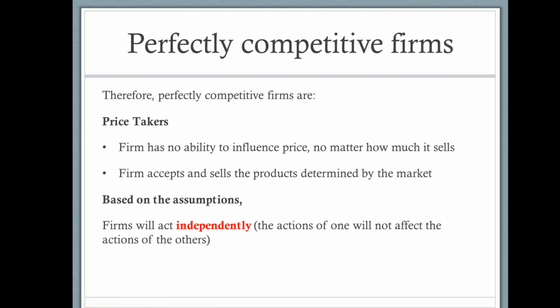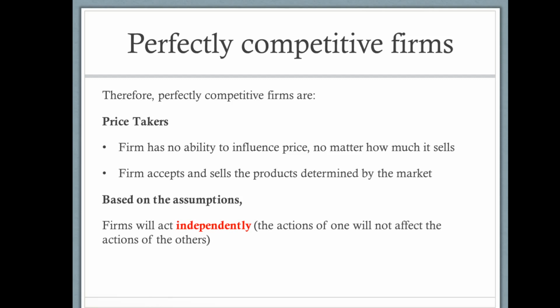Because you cannot control the market, you cannot influence the price. You see the 2 points there: you accept the price determined by the market, and you are not going to change it. You just follow the market price, and that's why you are called price takers.